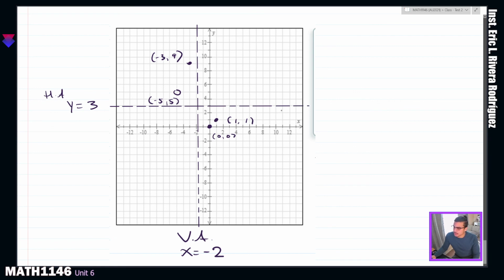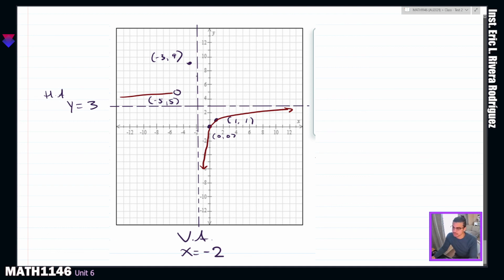So the last thing that we need to do is remember the graph needs to pass through these points, and the asymptotes determine the behavior of the graph or the end points. So it will be something like this. And this is not perfect, this is just a representation. And it will be something like this.